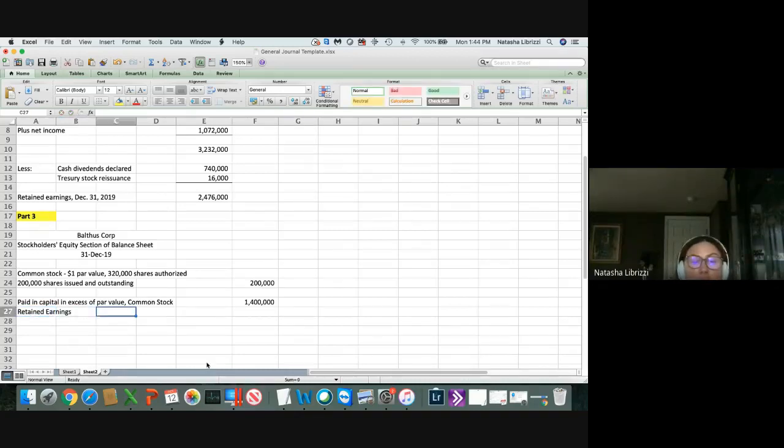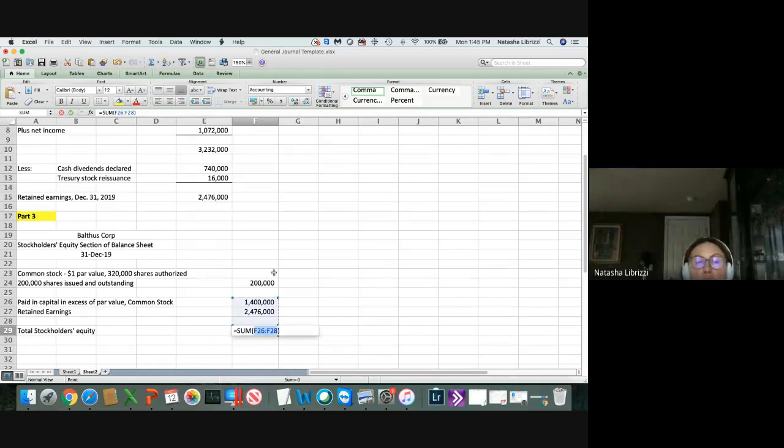Not the beginning one. So I have my retained earnings I just calculated right here, guys. You're looking at my cursor. 2,476,000. So this brings my total stockholders' equity. And I'm adding everything up.